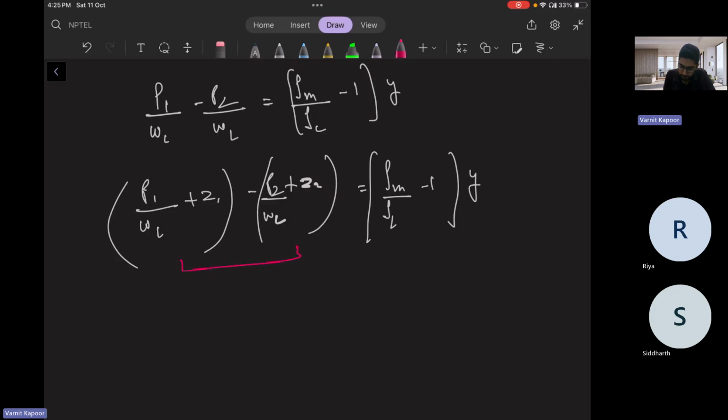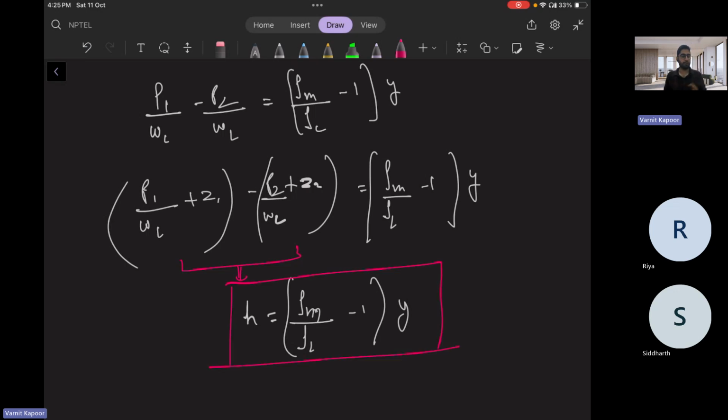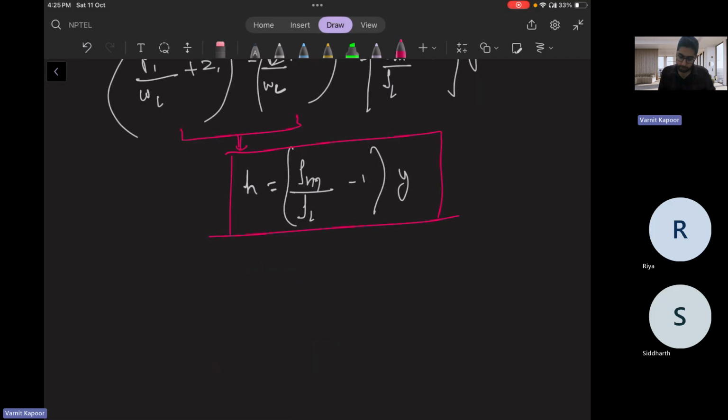So this is nothing but your h, which is now expressed in terms of the manometric head. So the piezometric head difference of the flowing fluid is equal to the manometric deflection. So right here, this is your piezometric head.